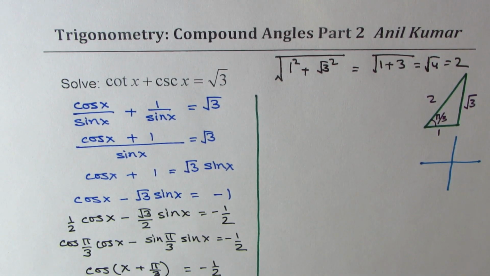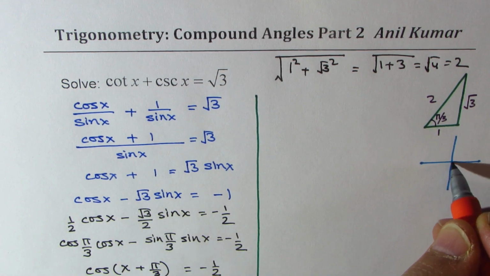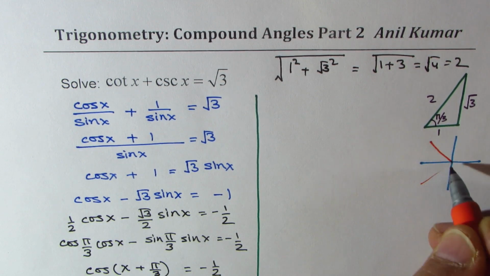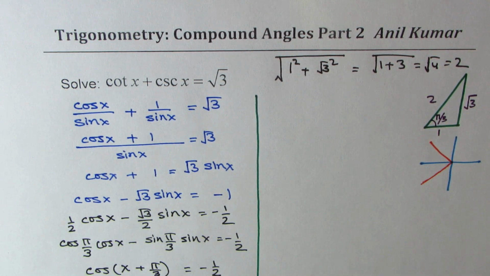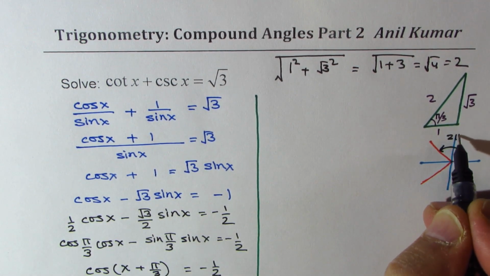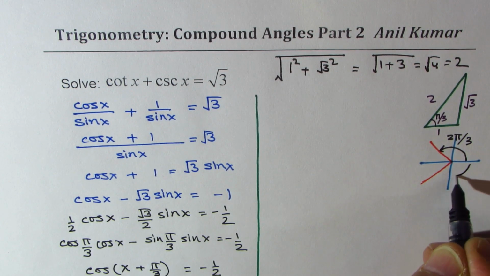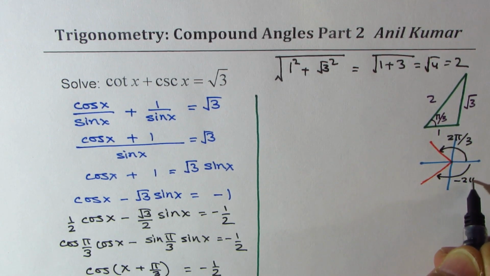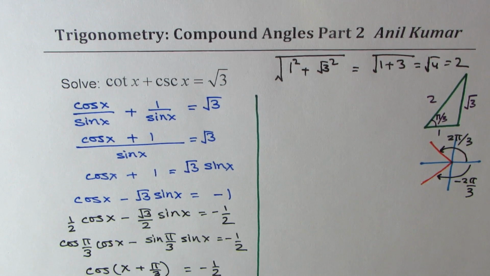Now this is also confusing for some students when they want to write the general solution. When we say cos is negative, we are looking for two solutions. One is in quadrant 2, the other one in quadrant 3. So the angle here is 2 pi by 3, and this angle is minus 2 pi by 3. Do you see that part?